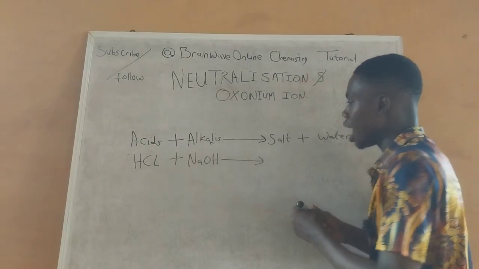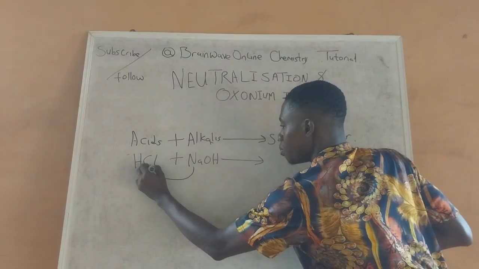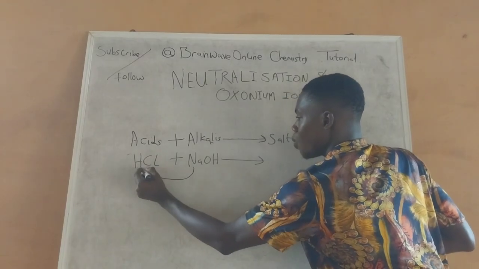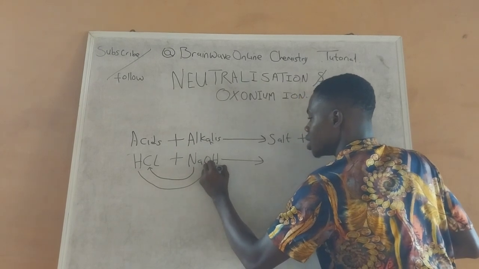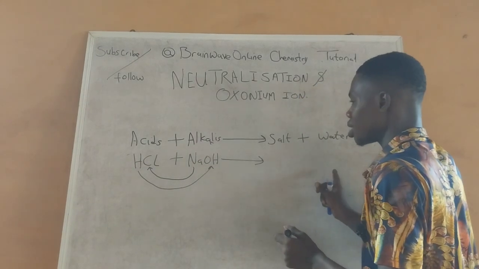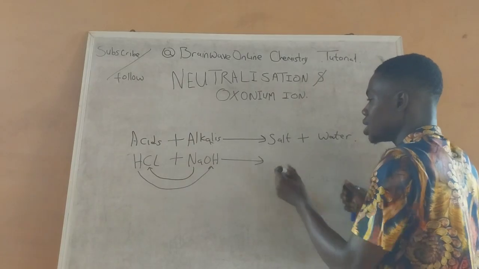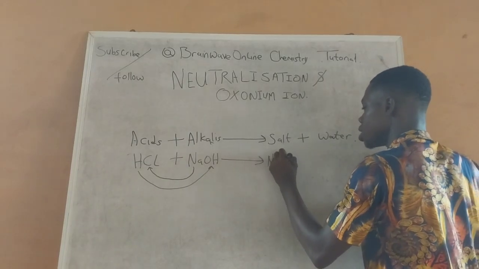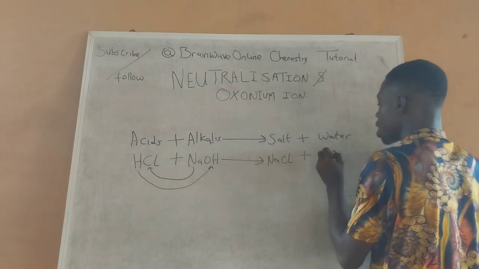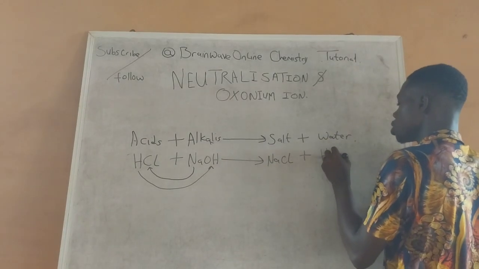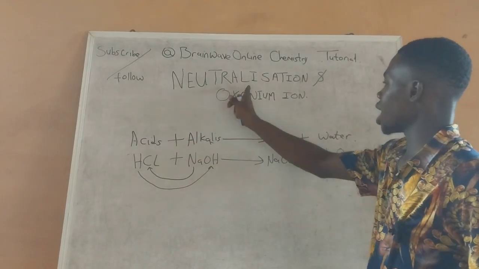I'll explain again: the sodium ion pairs with the chlorine ion, while the hydrogen ion pairs with the hydroxide ion to form the water. So the salt formed will be sodium chloride, NaCl, plus hydrogen ion plus hydroxide ion gives us water, H2O.